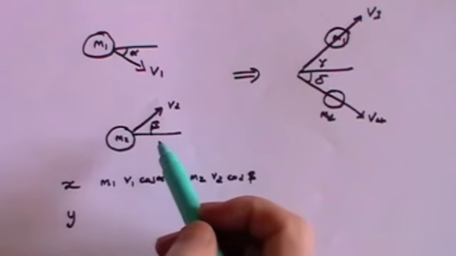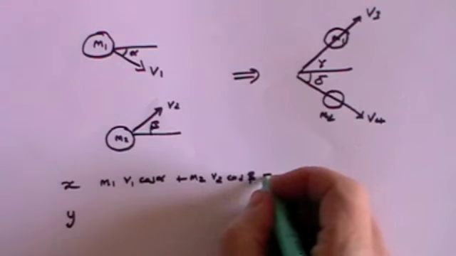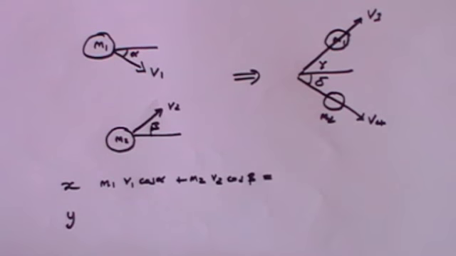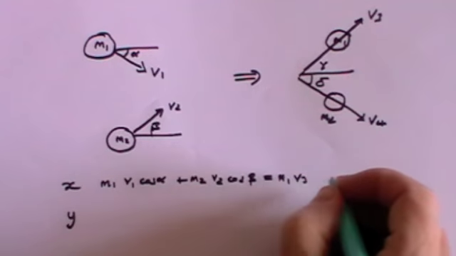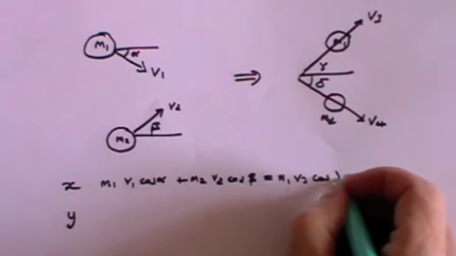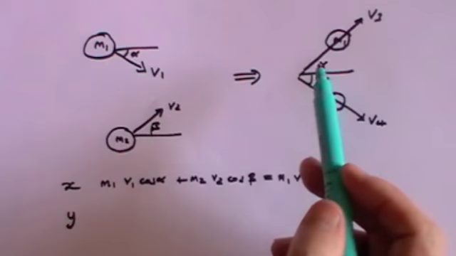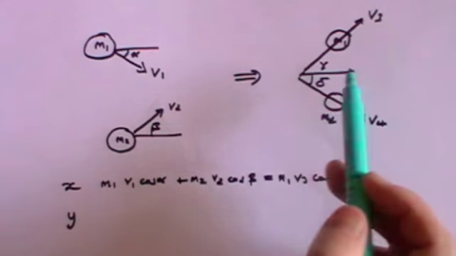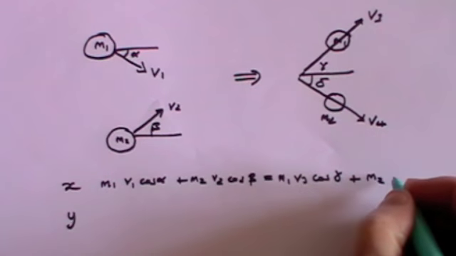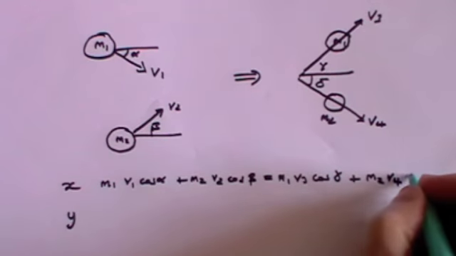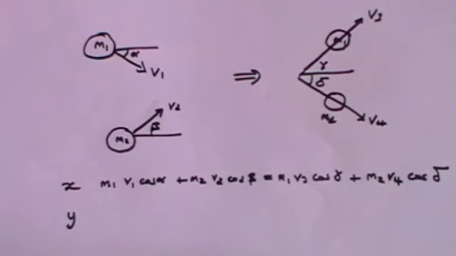So that's the momentum before the collision. The momentum after the collision will now be m1 v3 times the cosine of gamma, the angle between v3 and the x-axis, plus m2 times v4 times the cosine of delta.